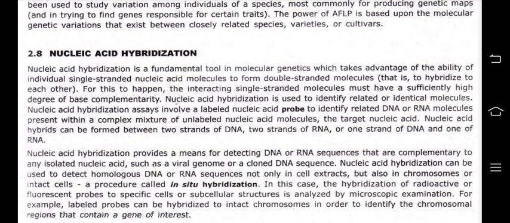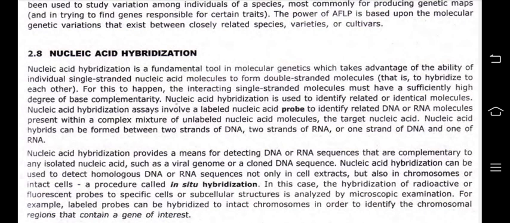Nucleic acid hybridization is used to identify related or identical molecules. Nucleic acid hybridization assays involve a labeled nucleic acid probe to identify related DNA or RNA molecules present within a complex mixture of unlabeled nucleic acid molecules, the target nucleic acid.